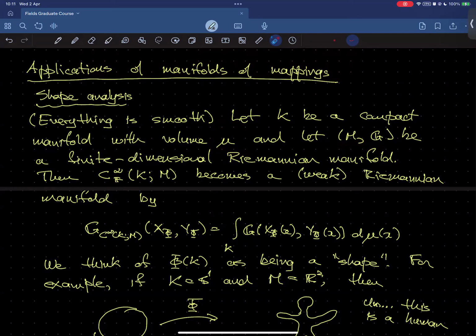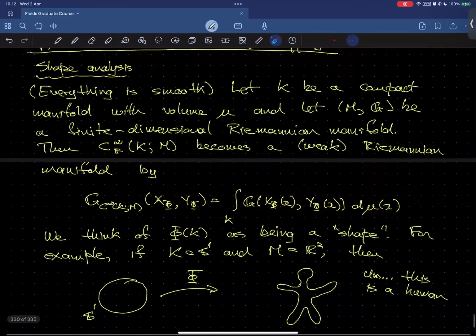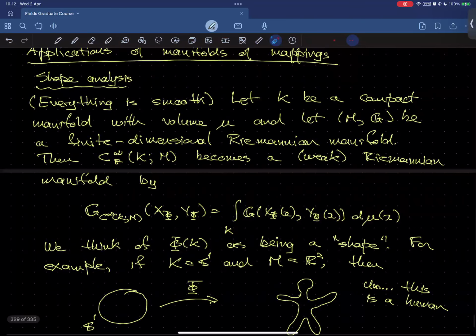Okay, so now I just told you in the preceding discussion that this thing is a manifold. And moreover, I can turn it into a Riemannian manifold, and it turns out to be a weak Riemannian manifold. So we talked last time about weak and strong, and so here I just said Riemannian manifold, and I didn't tell you whether it was weak or strong, and because it's finite dimensional, it's strong.